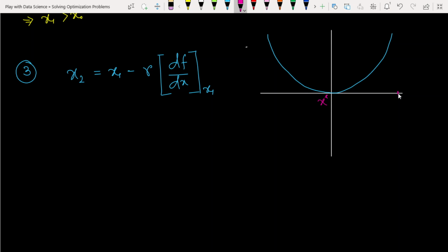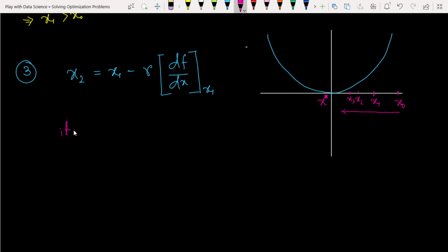This is our initial point, that is x0. Now we are choosing x1 here in the first step, x2 here in the second step, x3 here in the third step. As iteration increases, we move closer and closer to our optimal point, that is x star.